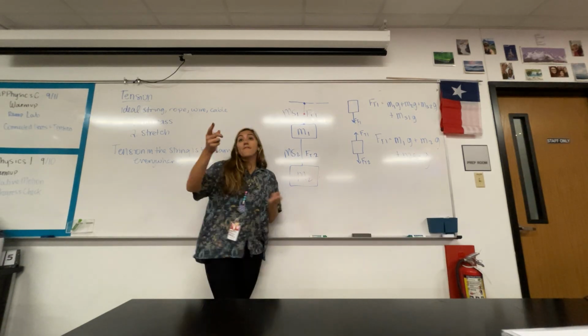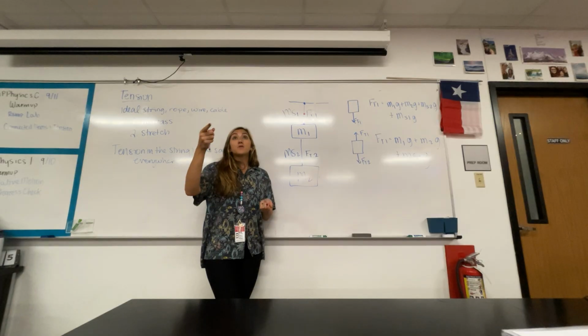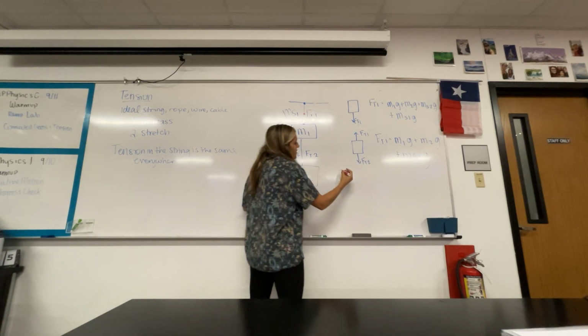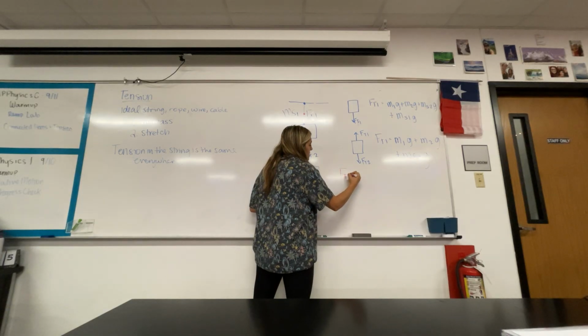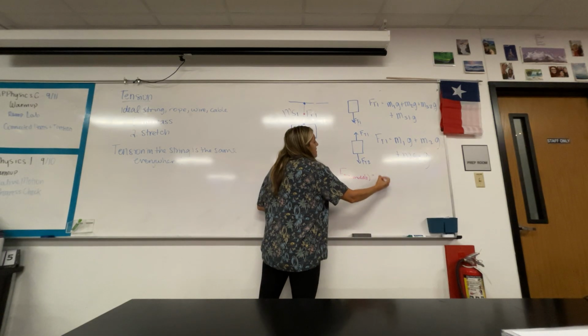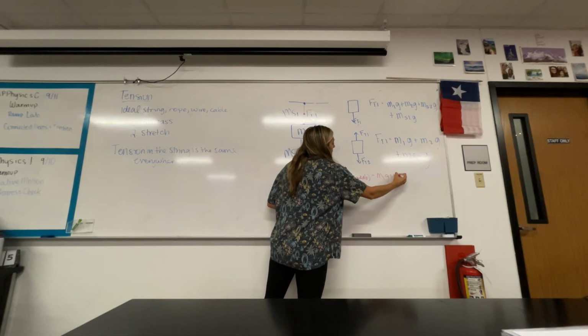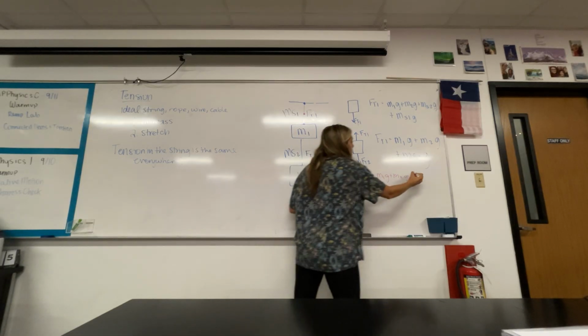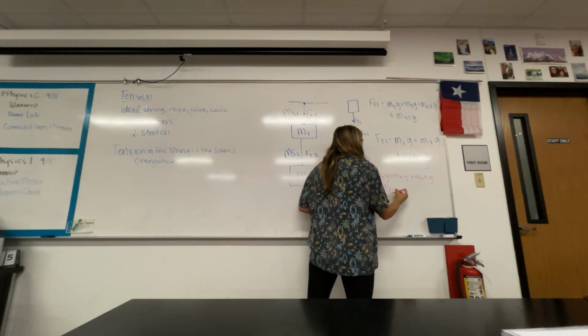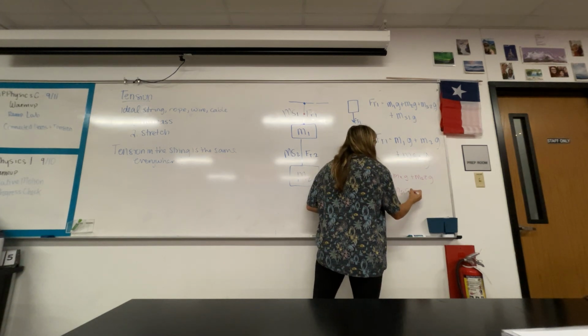It would be half of what? Half of MS1, right? If it's at this point, I'll do it in pink. FT1 in the middle would be box 1, box 2, string 2, and half of string 1.